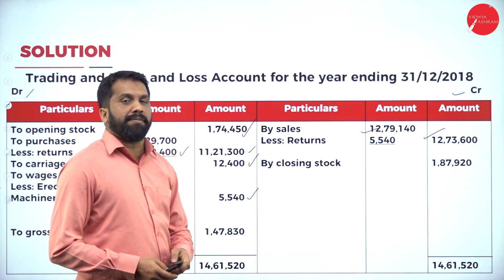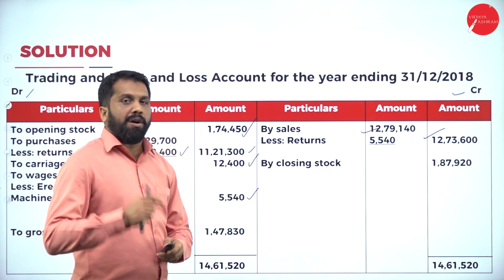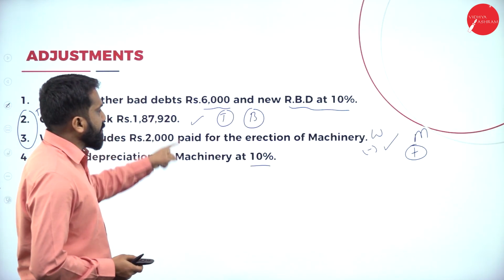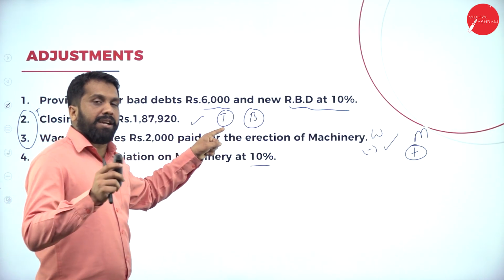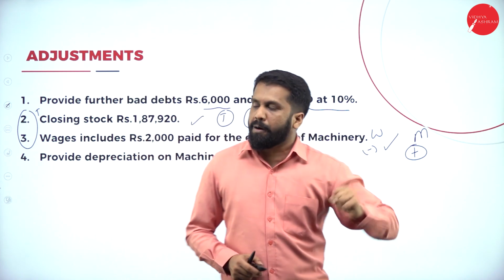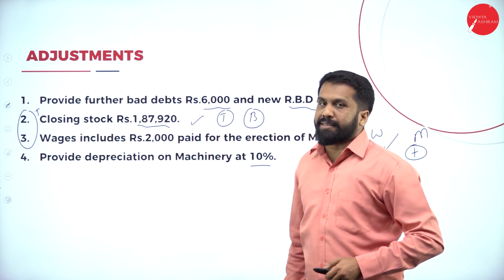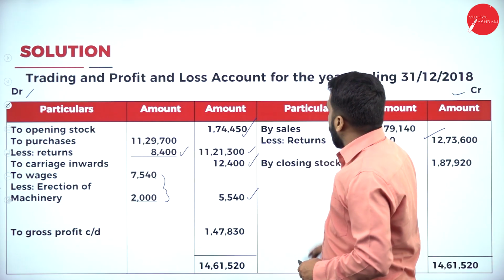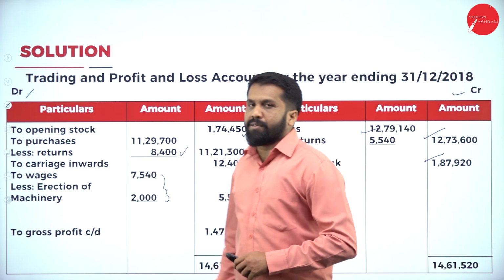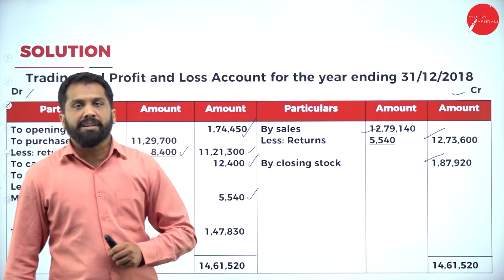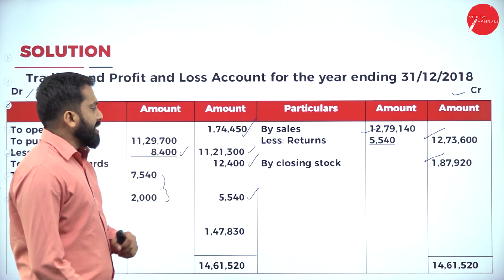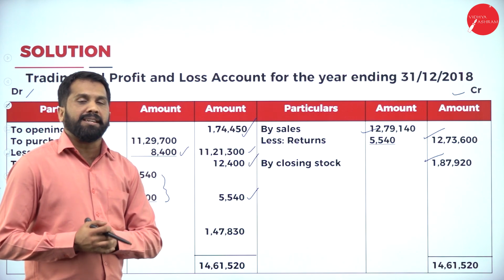Closing stock. Always, you will get closing stock from the adjustment; it won't be there in the table. Your closing stock is 1,87,920. Up to this, we call it the trading account.